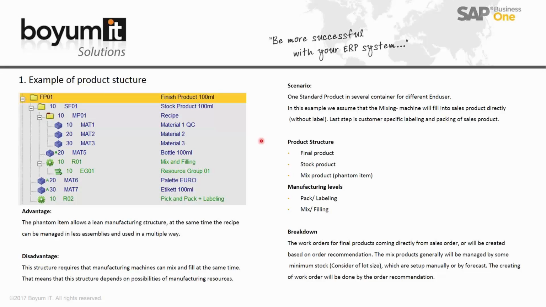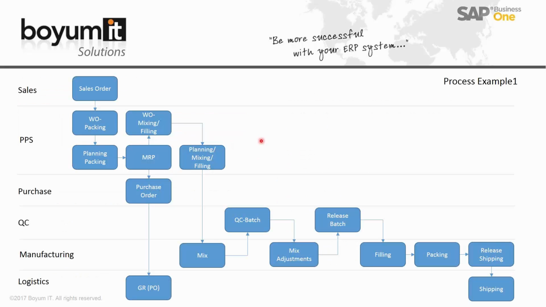Then if we go one step more, and now a slide, we go deeper into the process. Based on this example, we have here the process example one. This is based on our item structure example. That can mean that, based on our example, we have sales here.